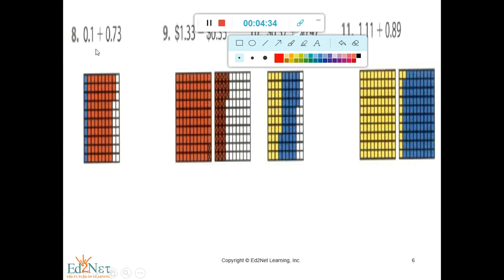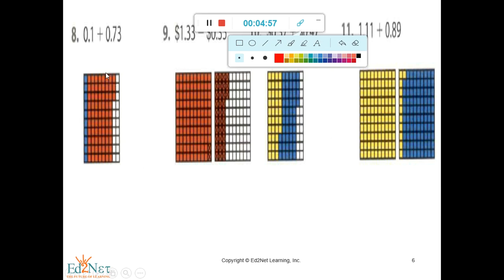Here 0.1 plus 0.73. I want to use models. 0.1 in the hundredths grid is 10 hundredths, so I put it in a color, which is 10 hundredths. Now here 0.73.